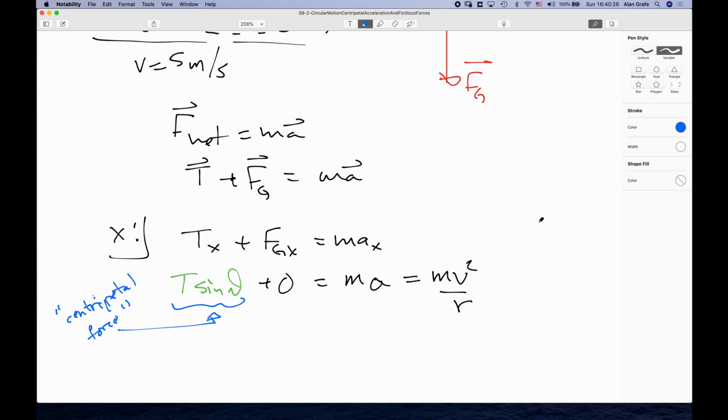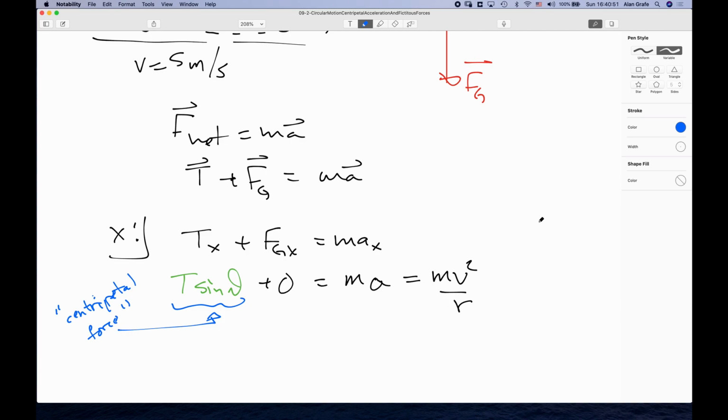As one of my professors used to say, Mr. and Mrs. Centripetal are dead. In other words, there's no force of nature named centripetal. There's no person named centripetal. Centripetal forces are things you identify. In this case, the horizontal component of tension we would identify as being our centripetal force.